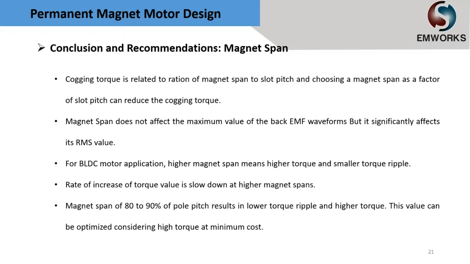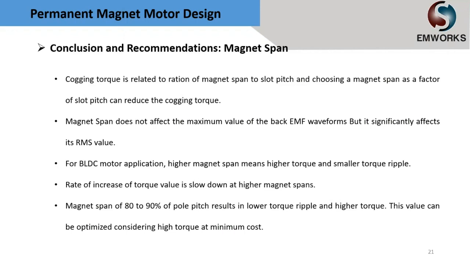Of course, you can optimize the magnet size based on the cost and the machine performance. You have to do this kind of little trade-off between the cost and electrical or electromagnetic performance.